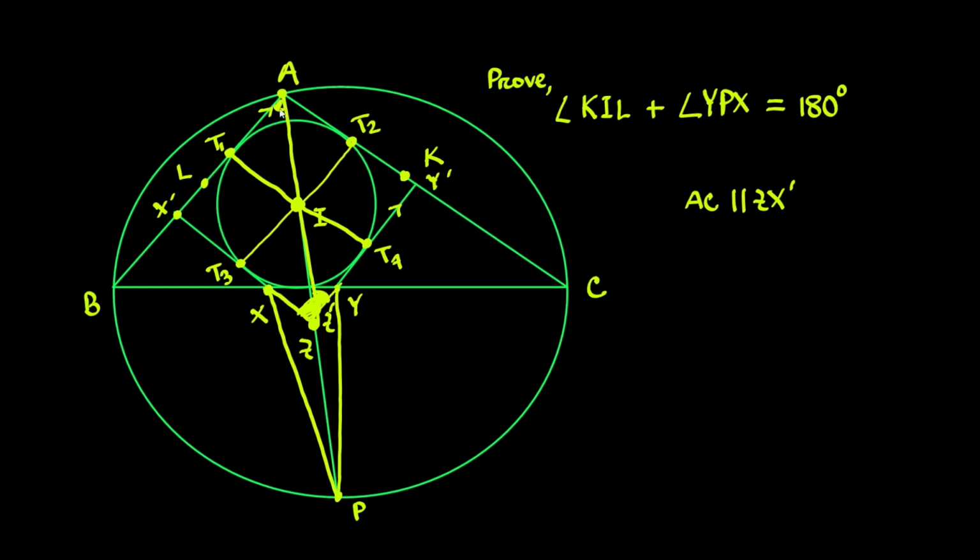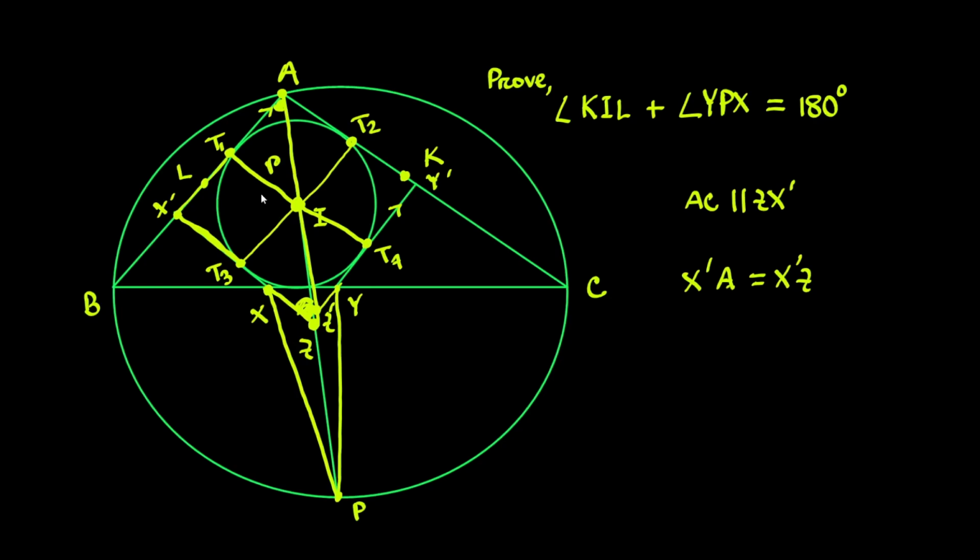Okay, then what do we have here? This angle and this angle were equal, right? So that means AX dash is equal to X dash Z. So X dash A is equal to X dash Z. From where, what can we say? X dash T1 is equal to X dash T3, because this is the same as radius r.